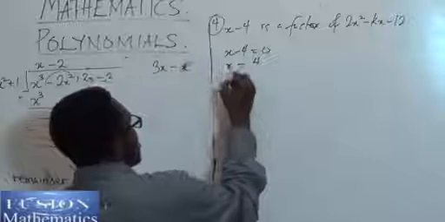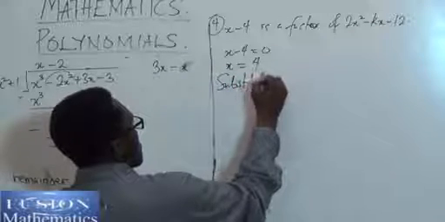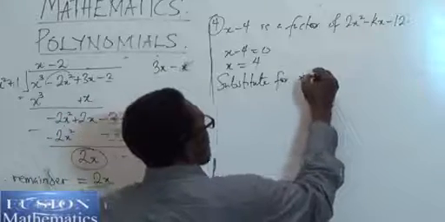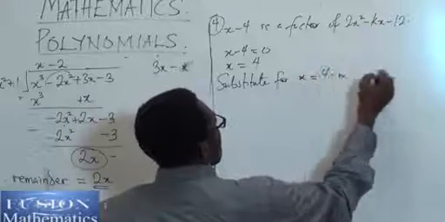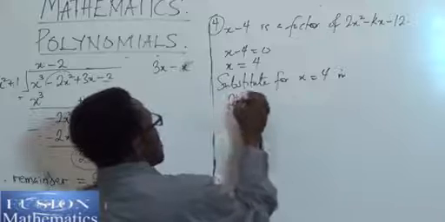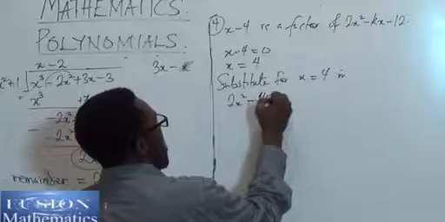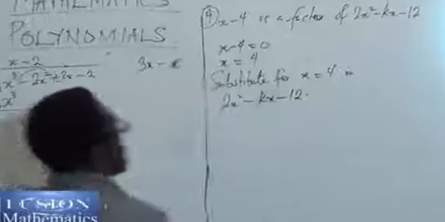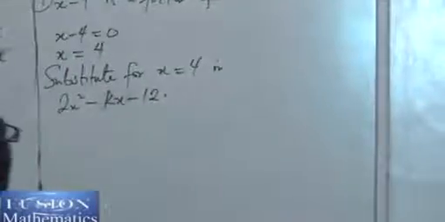So we substitute x equals 4 in 2x squared minus kx minus 12. So wherever we see x, we put in 4.